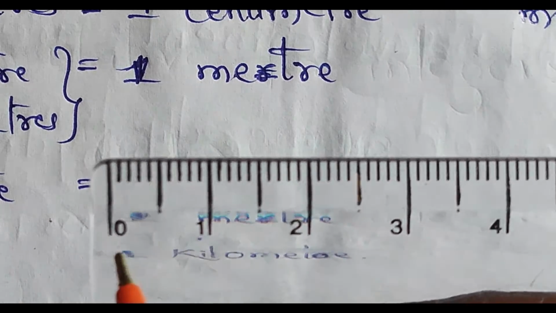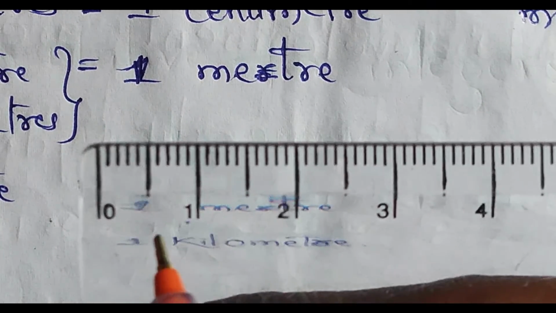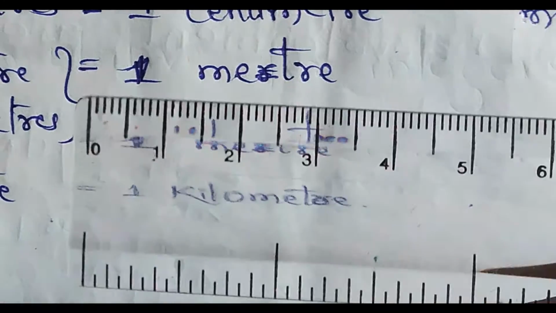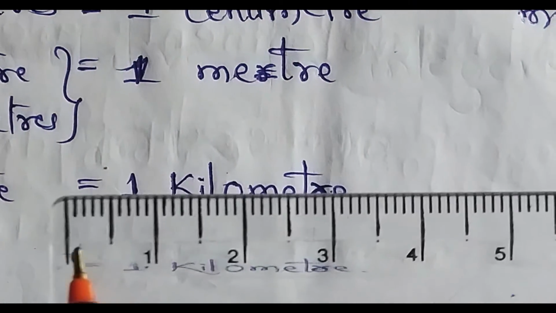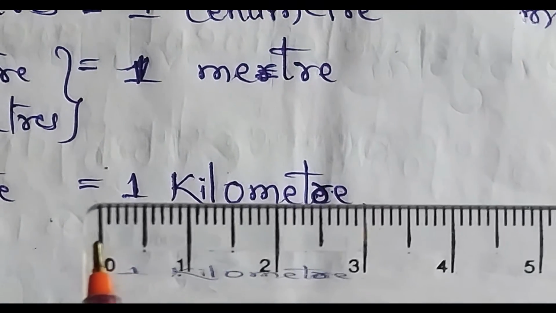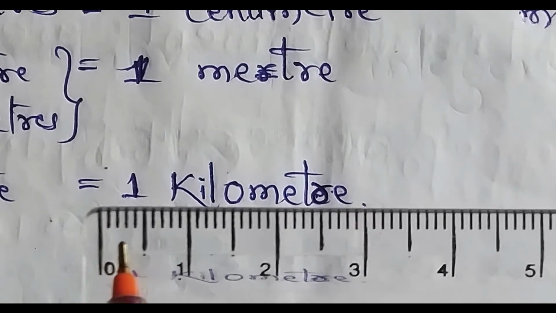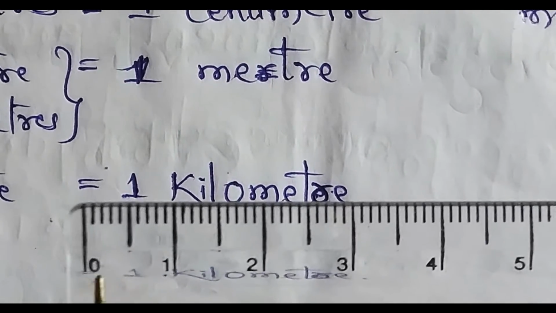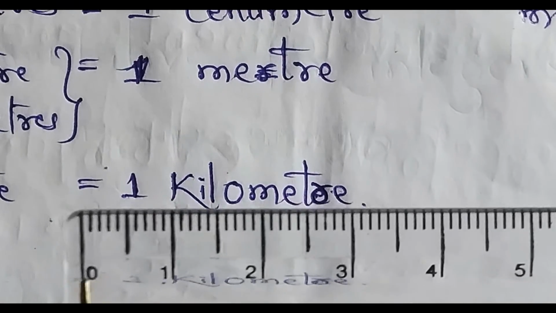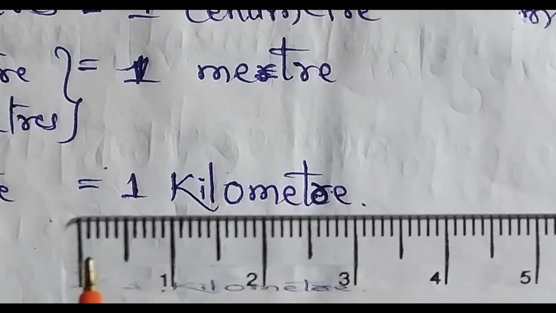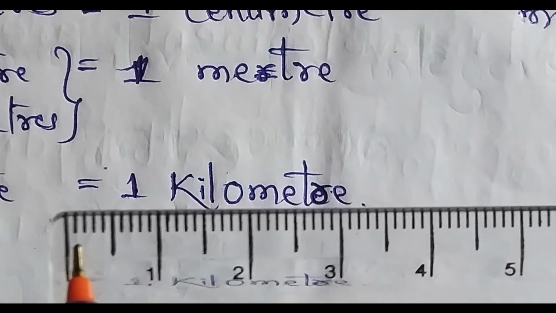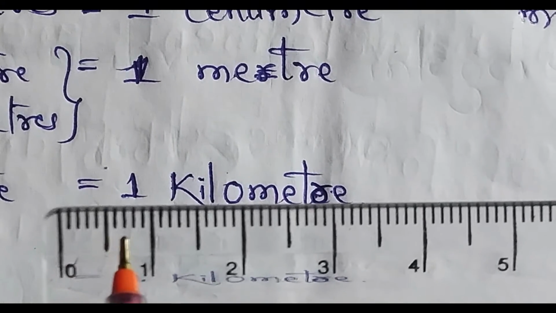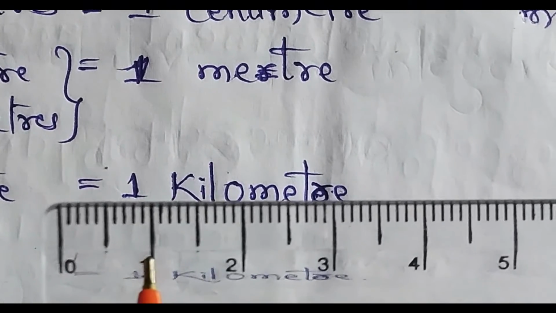You can take your scale and observe it after this video. So this is your scale. Here these are called mm, meaning from one small line to another line is 1 mm. From 0 to 1 it is called 1 centimeter. In 1 centimeter, how many mm are there? See here, 1, 2, 3, 4, 5, 6, 7, 8, 9 and 10.